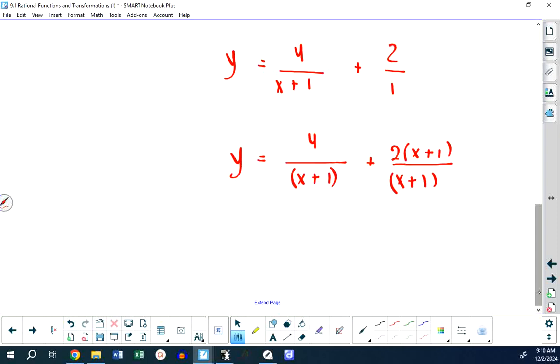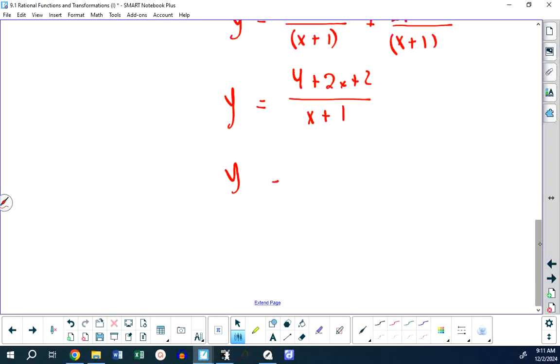All I've done is find a very simple common denominator. And what I would get for the function is y equals something on x plus 1, and it will be 4 plus this thing, which is 2x plus 2, which gives us y equals 2x plus 6 over x plus 1.